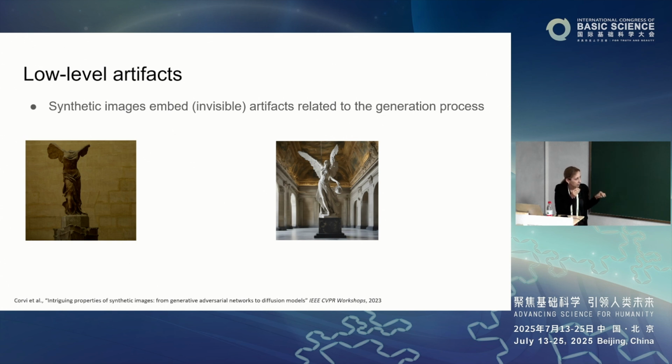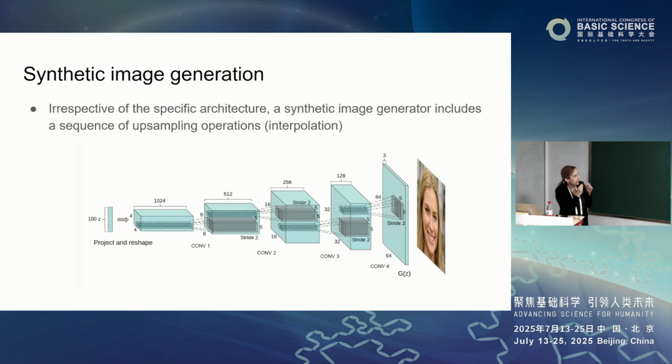So let's see what I want to tell you. If I want to give a look at how a synthetic image is generated, you start from some random noise at the beginning, and then during training, you have a sufficient dataset of images that lets you generate a realistic image. Now, typically, irrespective of the specific architecture we consider, a synthetic image generator includes a sequence of upsampling operations.